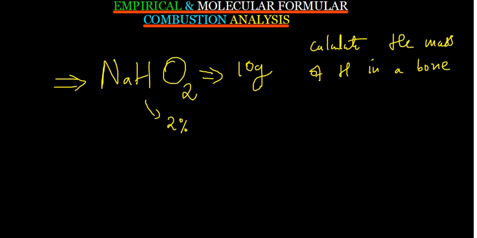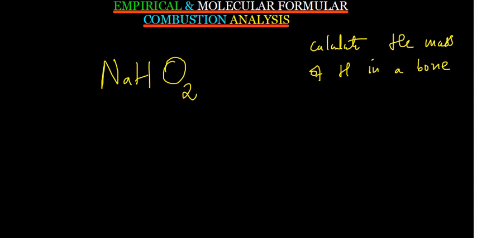Now, from that 10 grams, only 2% is hydrogen, we can say that. Or let me change the question, because the way I'm making it, it might not make sense.